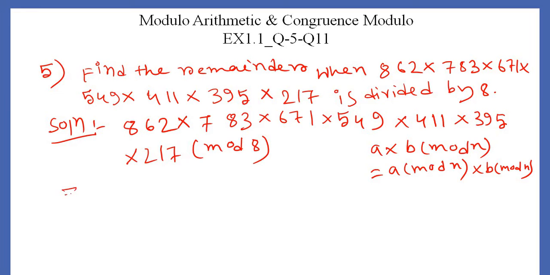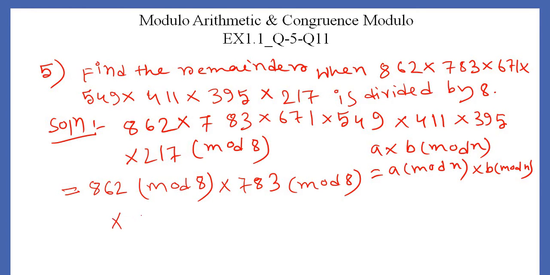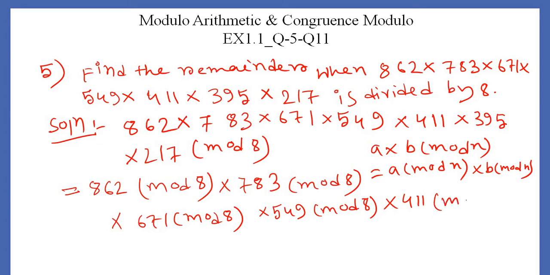By applying this property, the next step would be 862 mod 8 into 783 mod 8 into 671 mod 8 into 549 mod 8 into 411 mod 8 into 395 mod 8 into 217 mod 8.